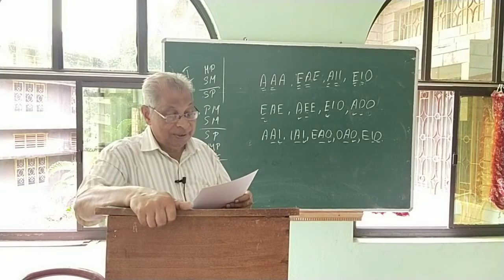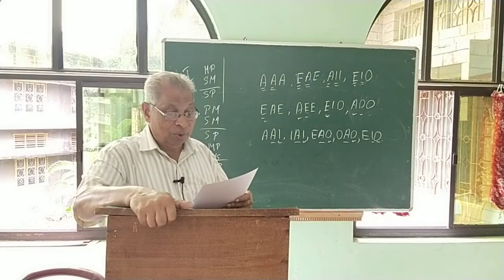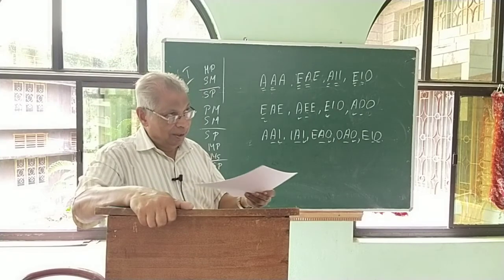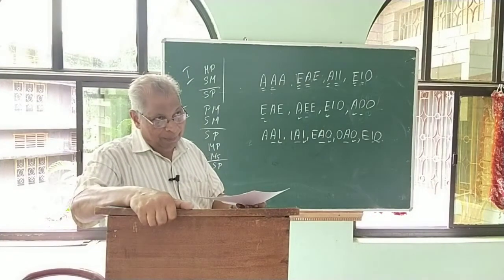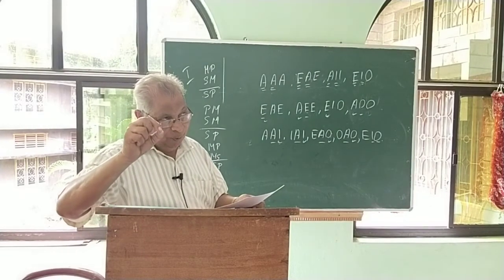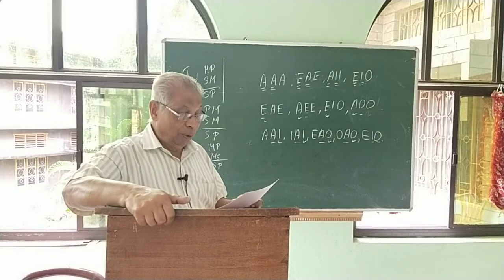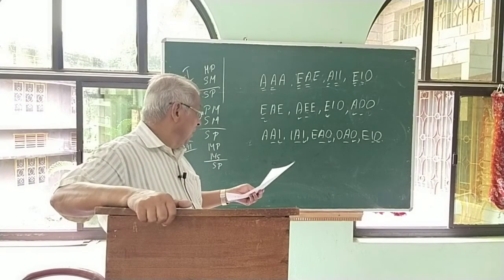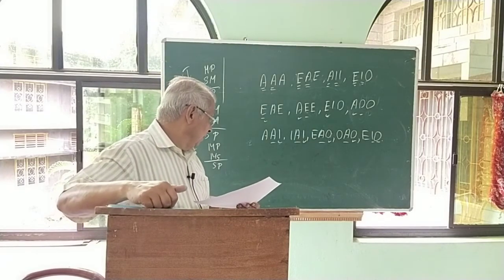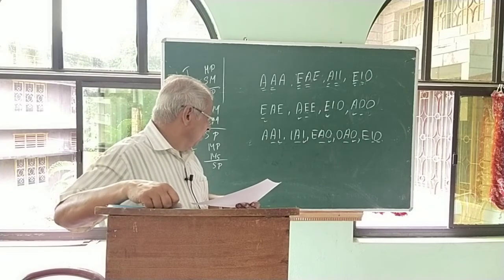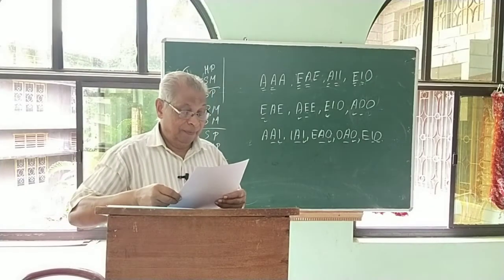The words do not have any meaning, but in order to get the vowels, these words are coined or made. So these are the valid moods of the third figure.